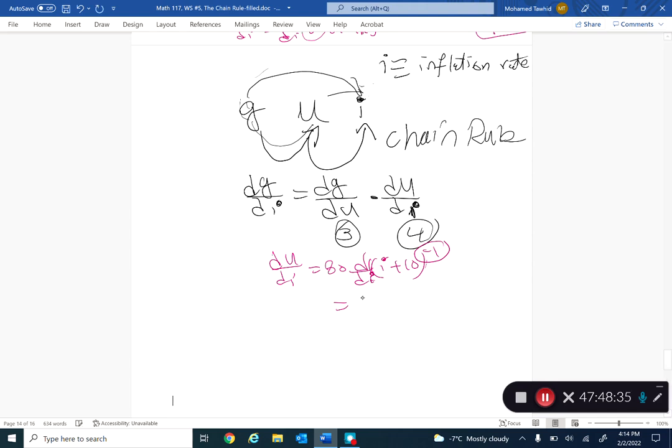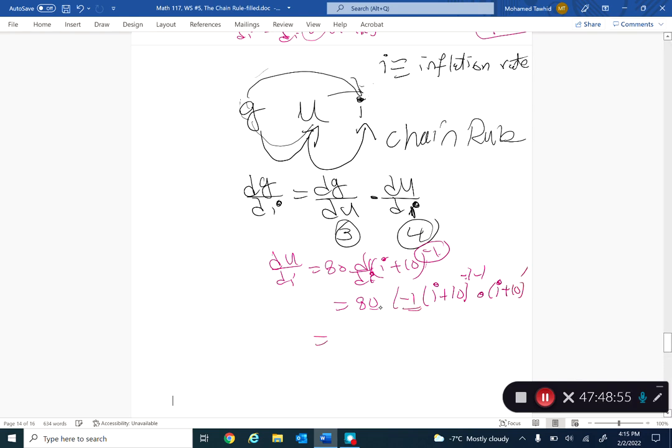What is the derivative using the power rule? You will have 80, that's a constant. Now, how to get the derivative of the power rule? n in front, and then the bracket, which is I plus 10 to the power n minus 1, multiplied by the derivative of whatever is inside the bracket.